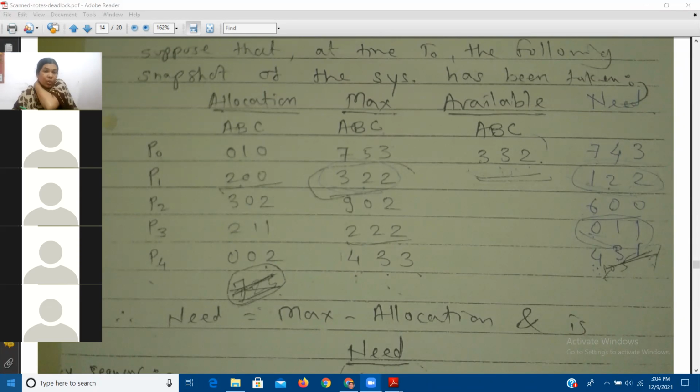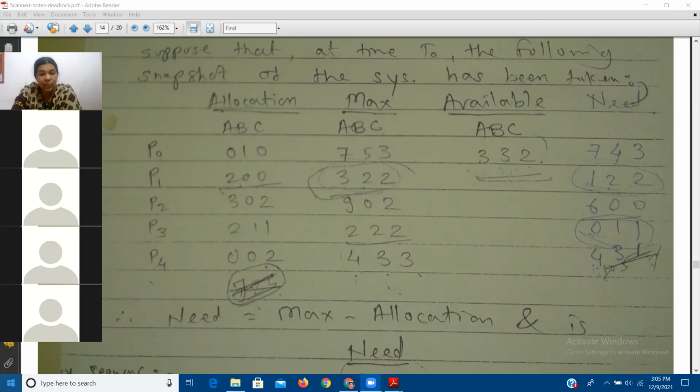So 5 instances of A, 3 instances of B, and 2 instances of C will be available, right? After completion of P1, this is the situation. Before completion of P1, available was 3, 3, 2.